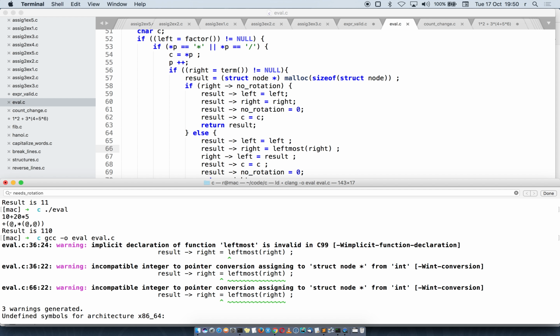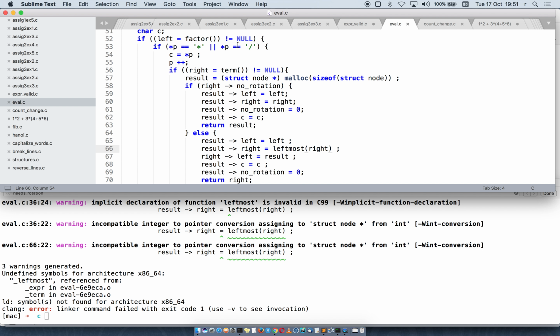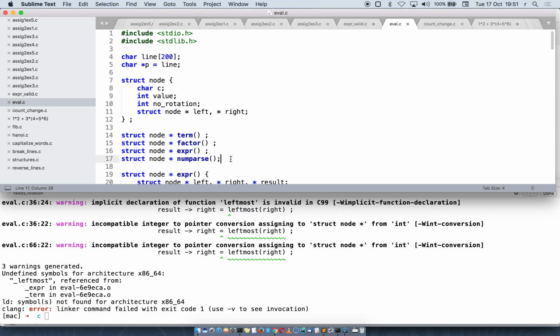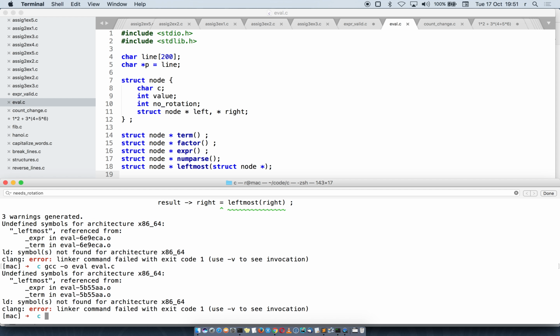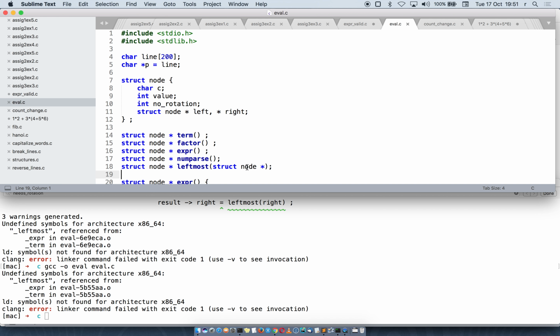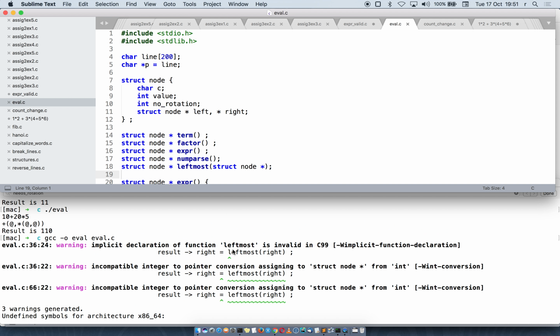So let's see if this works. And again, we need to provide a prototype. Strangely, this is not necessary. I can leave it out, and there's not gonna be a warning. Isn't it function of... Yeah, it's probably there is.